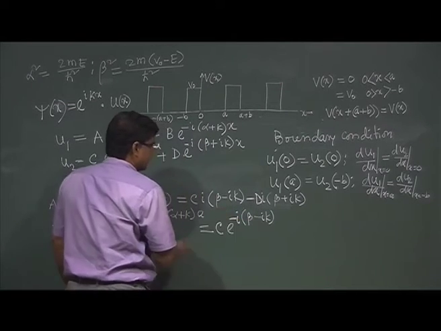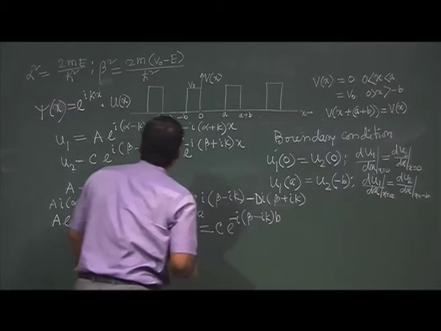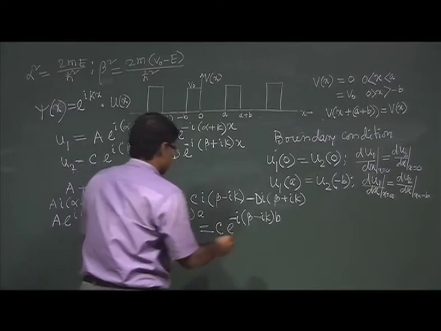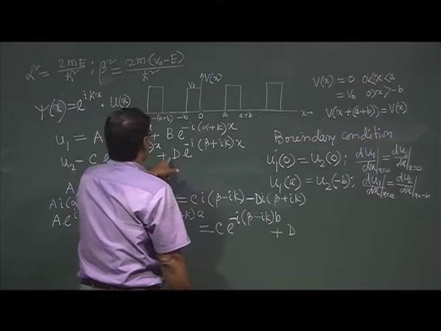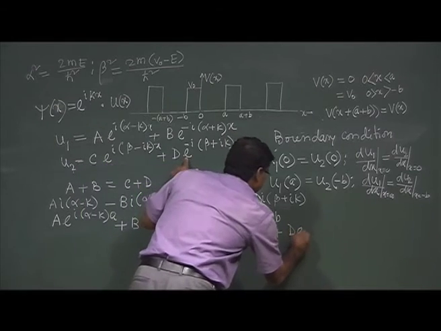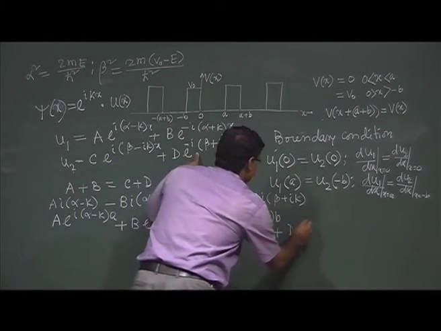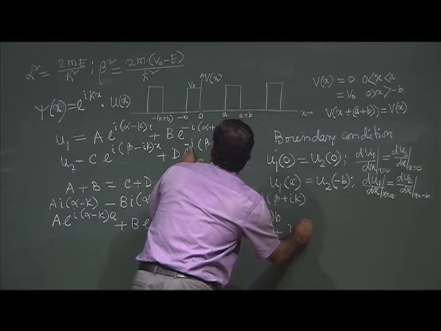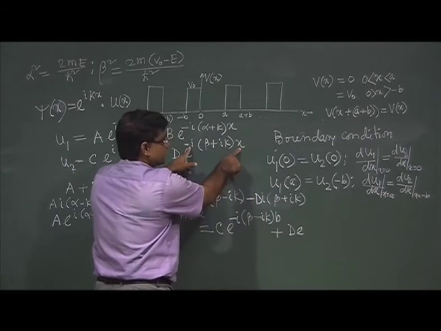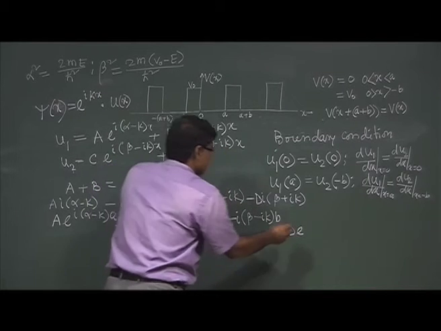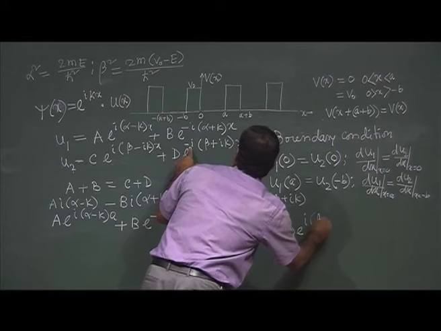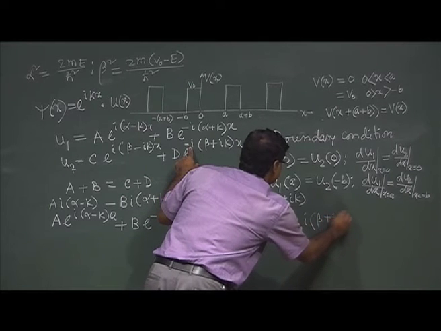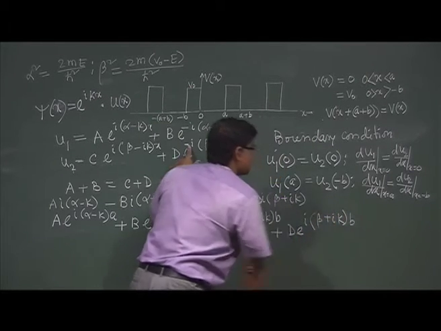So, minus here I can write b, right, plus d e to the power minus, so this is minus b. So, minus means plus. So, I will get i(beta plus i k) b, right.